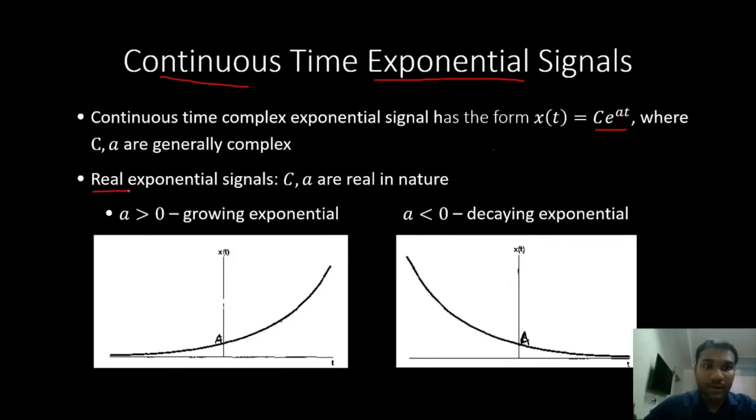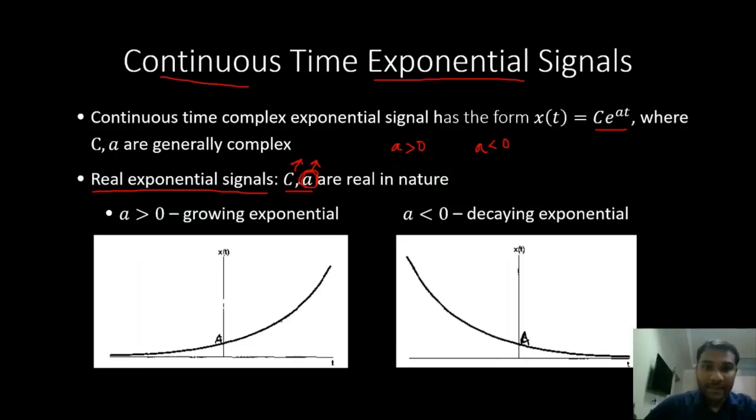Now, if we look at real exponential signals based on C and A, both C and A are real values, right? C is just a number, A is also just a number. Based on how this value of A changes, we'll have two different exponential signals. A can take a value greater than 0, or A can take a value less than 0, right?